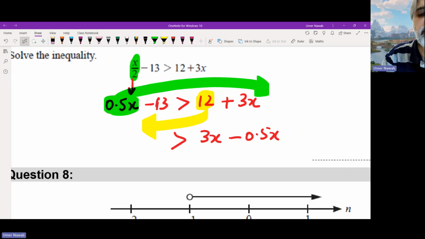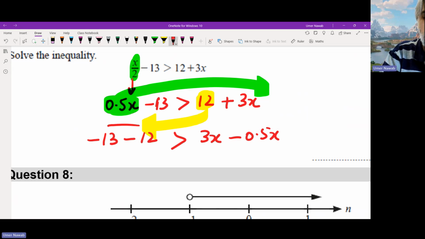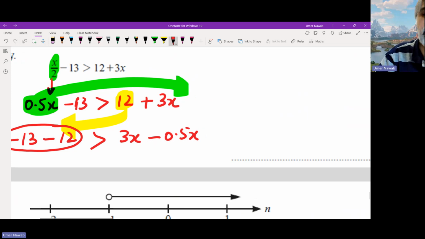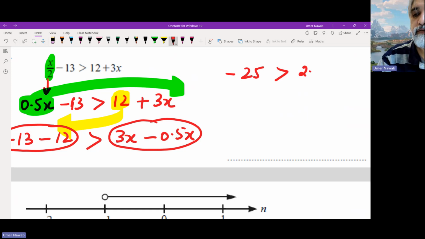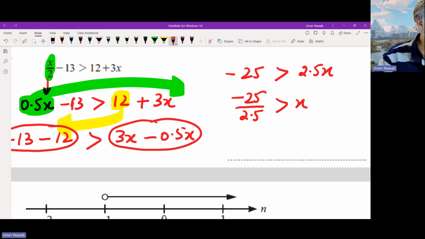That's why 0.5x was shifted to the right, and 12 will be shifted to the left and becomes minus 12. So what is minus 13 minus 12? Minus 13 minus 12 is minus 25. And what is 3x minus 0.5x? It is 2.5x. So minus 25 divided by 2.5 is greater than x. So the answer comes to negative 10 is greater than x.